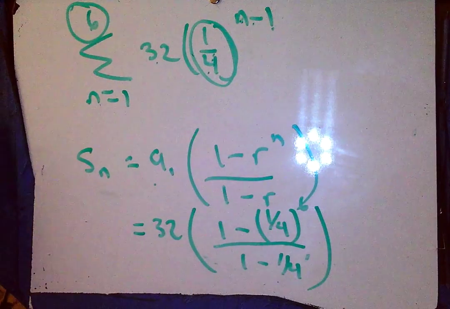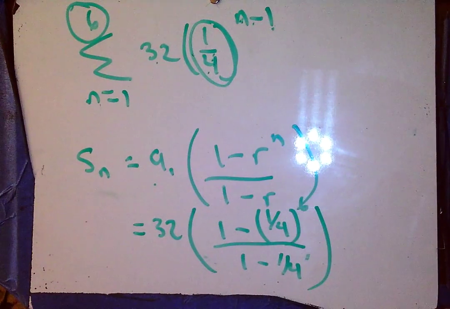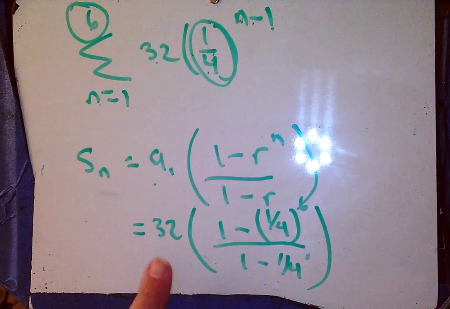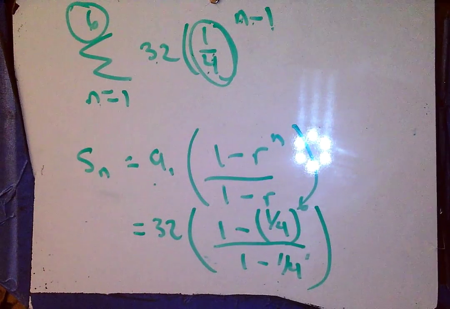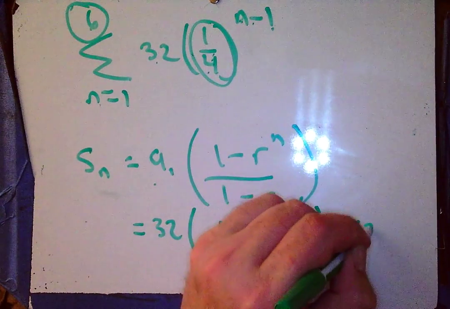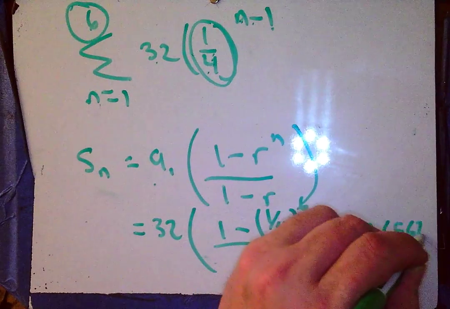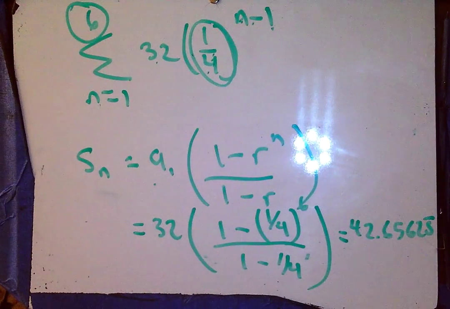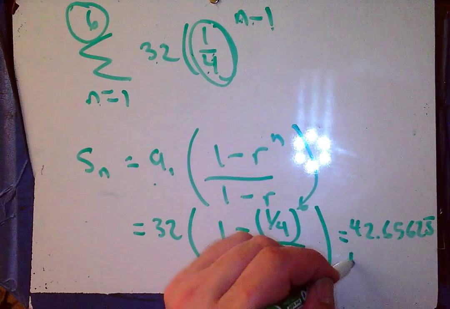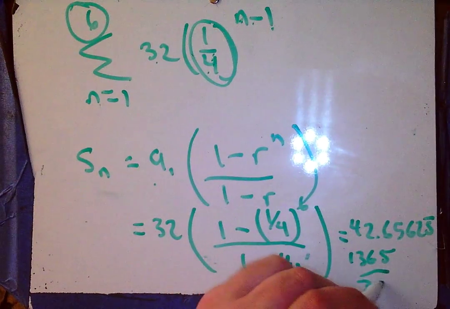Okay, so 1/4 to the 6th power, 1 minus that answer, and then I want to divide that by 1 minus 1/4, which is 3/4, and then I want to multiply that by 32. And I end up with 42.65625. Does that convert to a fraction nicely? Yes, it does. 1365 over 32.